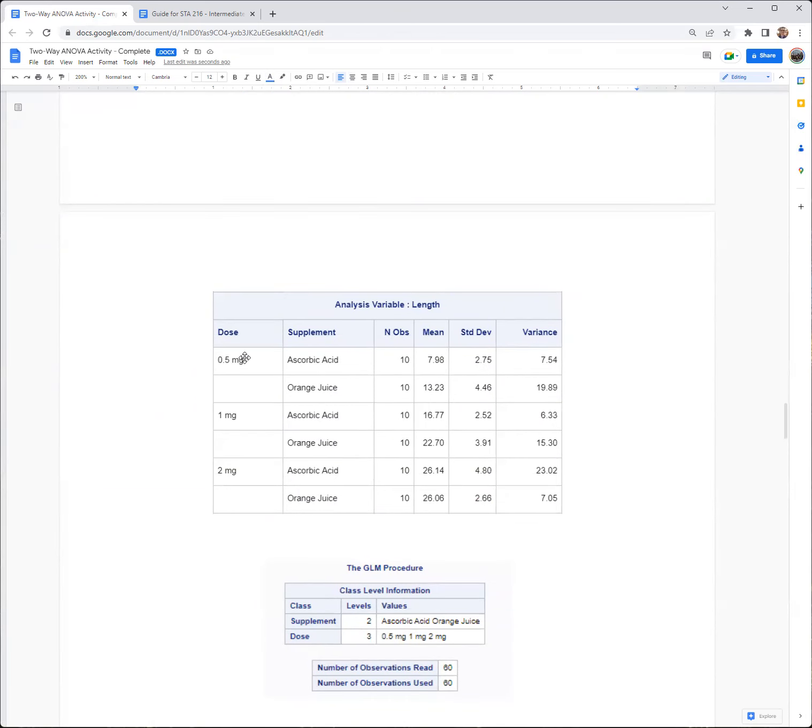So we have 0.5 milligram of ascorbic acid, 0.5 milligram of orange juice, 1 milligram of ascorbic acid, 1 milligram of orange juice, and so on. Which subgroup had the largest value? We expected it to be 2 milligrams of orange juice. It's actually 2 milligrams of ascorbic acid with 26.14 micrometers.